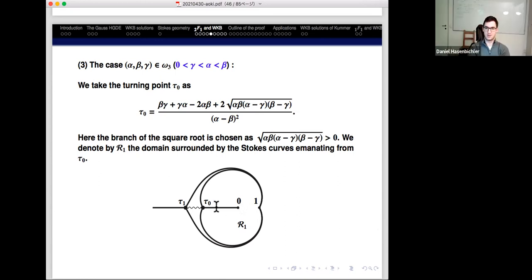This picture shows that the Stokes curve emanating from tau naught flows into the origin. The origin is not a source of the Stokes curve. Right. Okay, thank you.